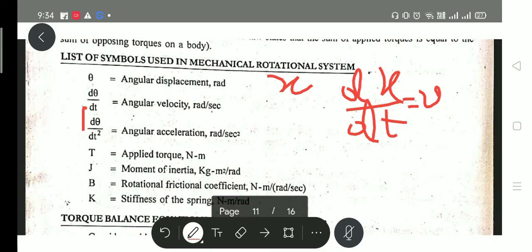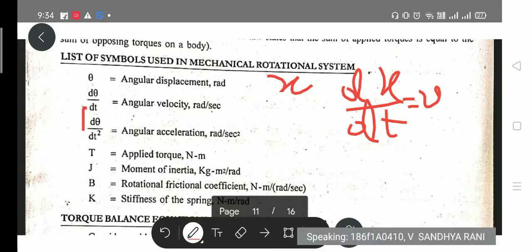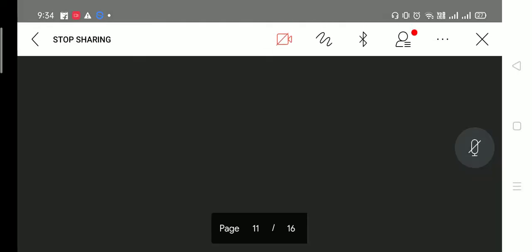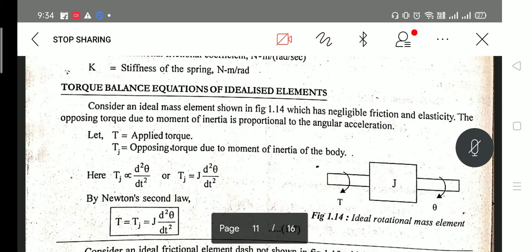Next, we can see the torque balance equations. In the translation system, we represent force balance equations. In the same way here, we represent torque balance equations. First, we solve the torque balance equation for the moment of inertia.